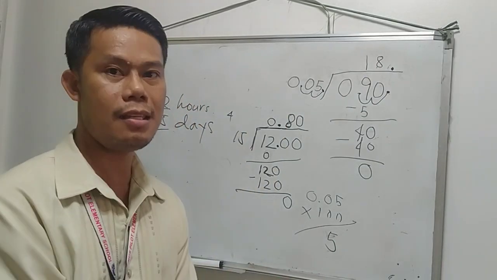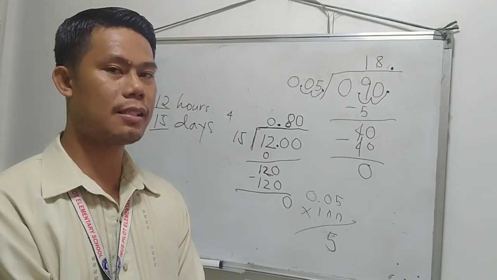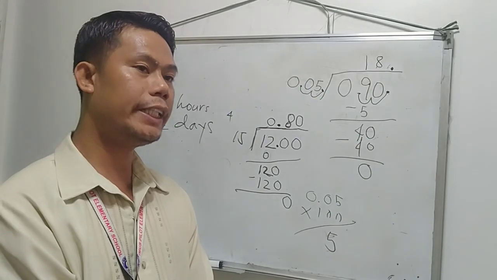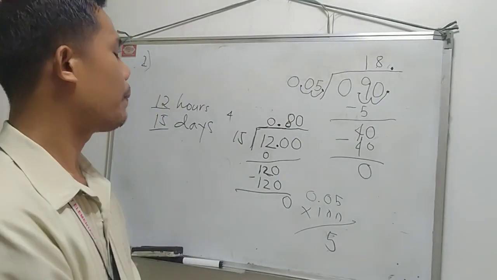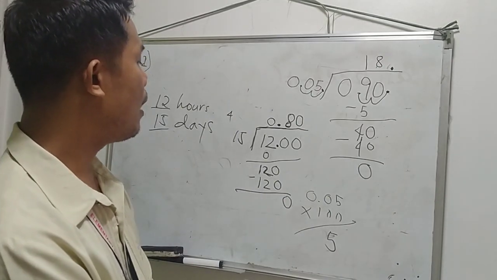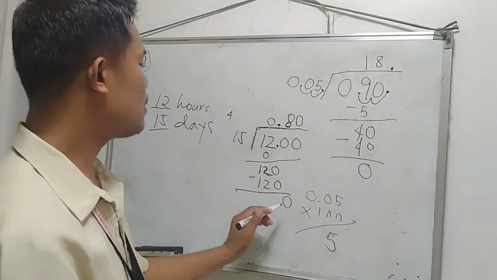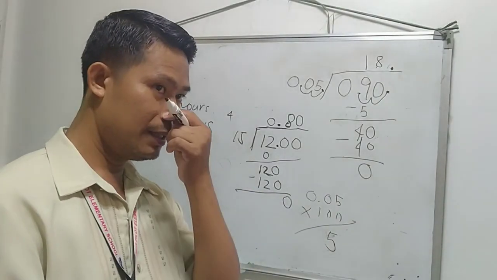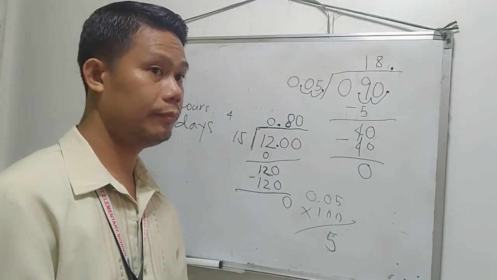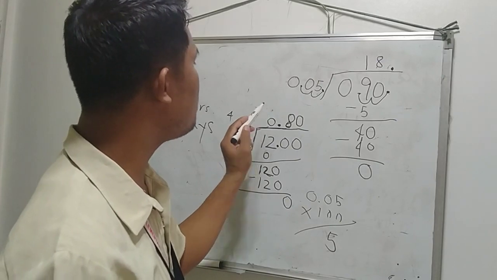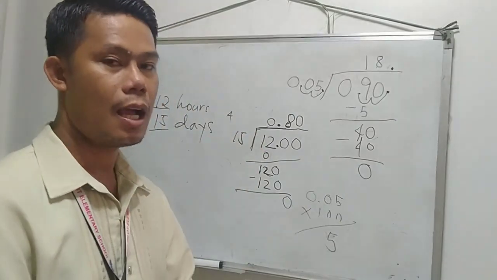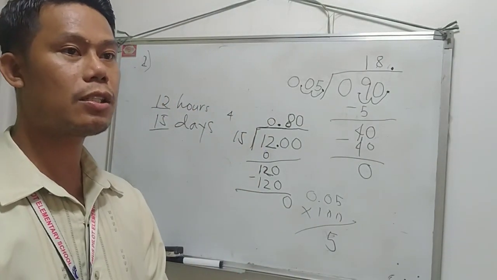Ayan. So, 80 hundredths. So, in other words, in a day, sa isang araw, nasa 80 minutes ang kanyang ginugugol dun sa sari-sari store ni Shire.